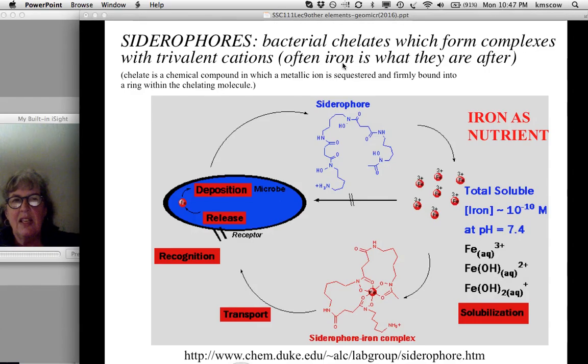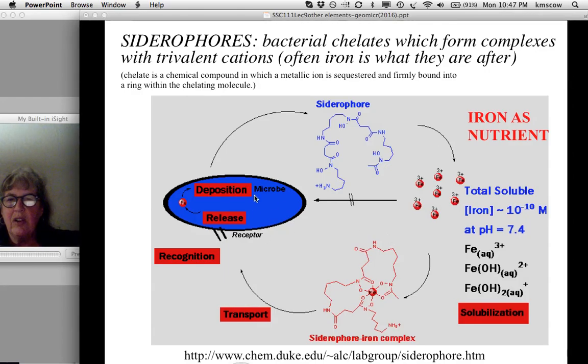And these chelates are quite good at capturing the iron at surfaces and keeping it in solution until it can get over to a microbe, where they can pluck off the iron and recycle that siderophore back to go get more iron.